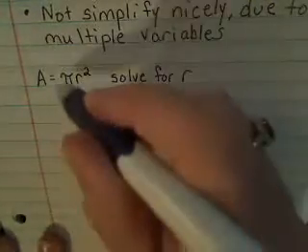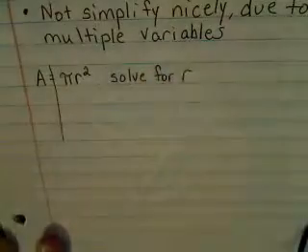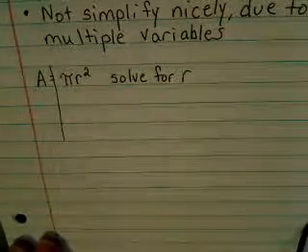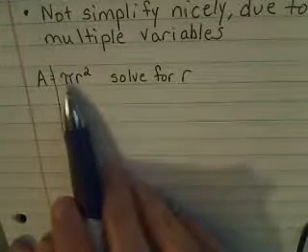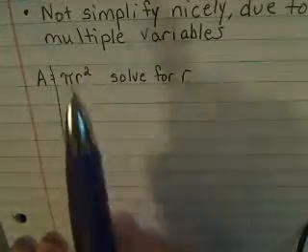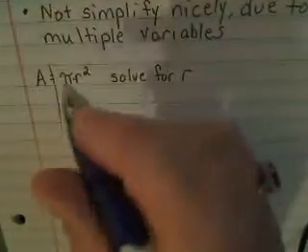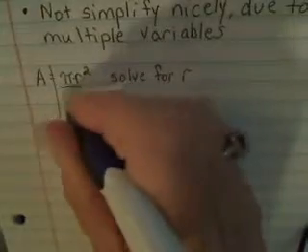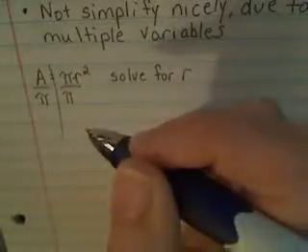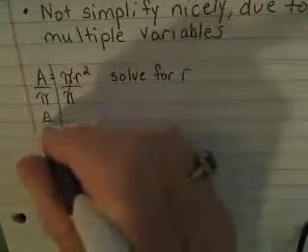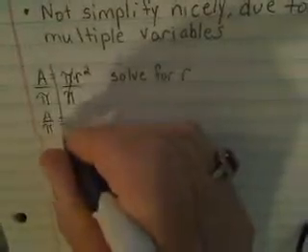So over on this side, what do I need to move? Well, I obviously see that I need to move this pi. This is pi times r squared. So the inverse of multiplication is to divide. If I divide this side by pi, I have to divide this side by pi. These pi's cancel out. So over here, I have a over pi, and now it's equal to, and I still have r squared.